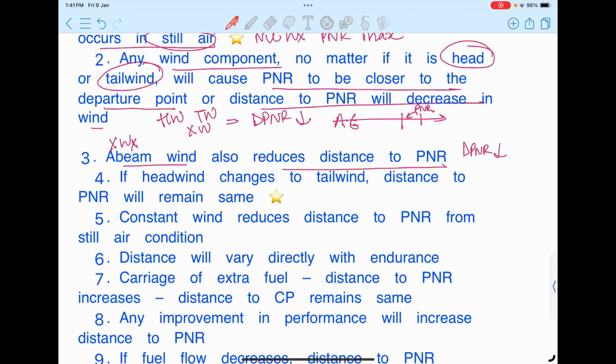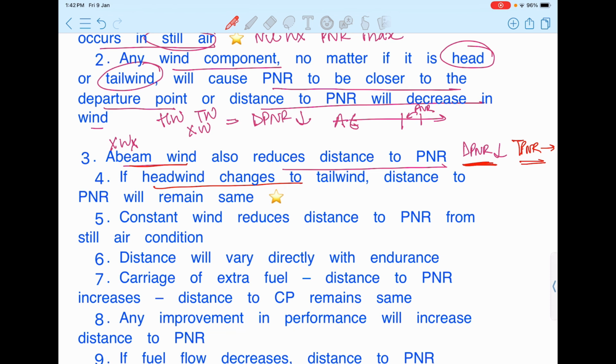One important point, if you remember in critical point when we were studying crosswinds, there the DCP was stable but TPNR had increased. But here the DPNR is decreasing and TPNR is stable. So in case of crosswinds, the TPNR remains the same and DPNR reduces.